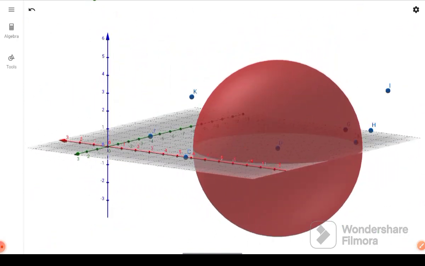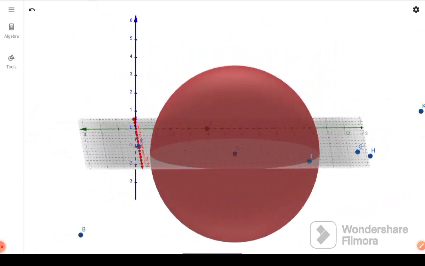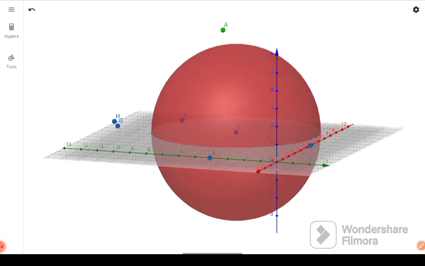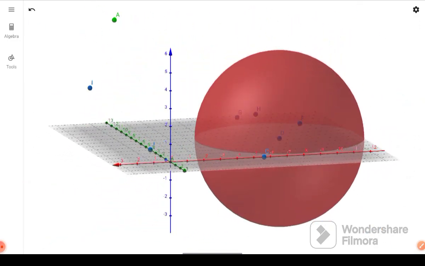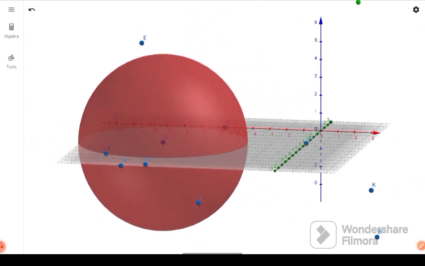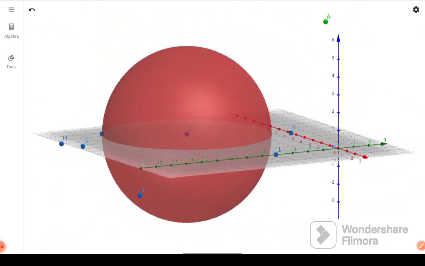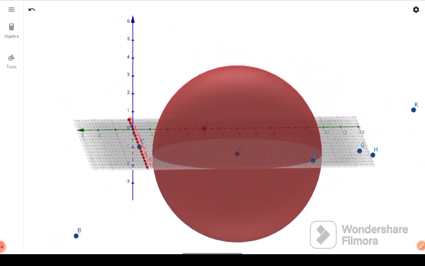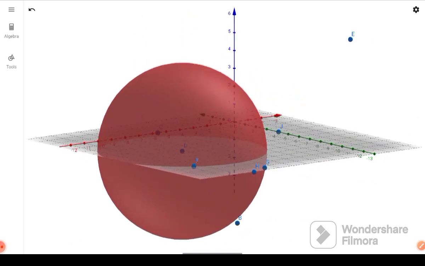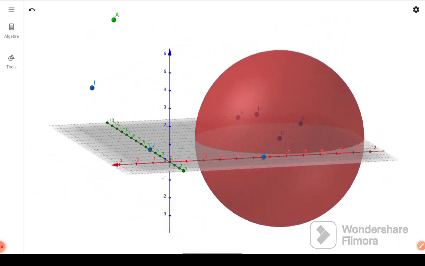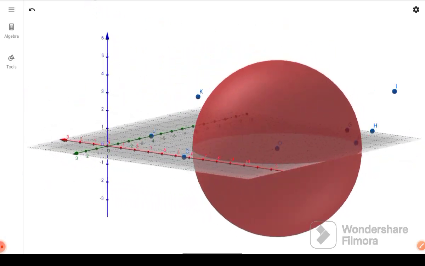Understand? So here only one face you can see, that is the curved surface area. The whole surface is curved surface, right? So here curved surface area and total surface area will be the same, only one surface. Okay, so let us discuss.